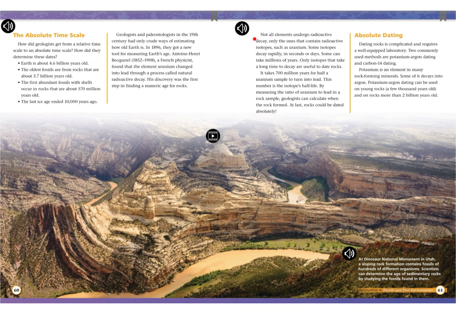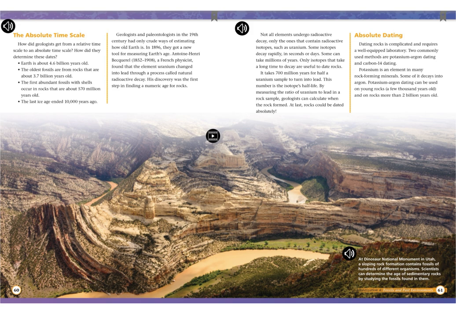His discovery was the first step in finding a numeric age for rocks. Not all elements undergo radioactive decay. Only the ones that contain radioactive isotopes, such as uranium. Some isotopes decay rapidly, like in seconds or days. Some can take millions of years. Only isotopes that take a long time to decay are useful to date rocks.